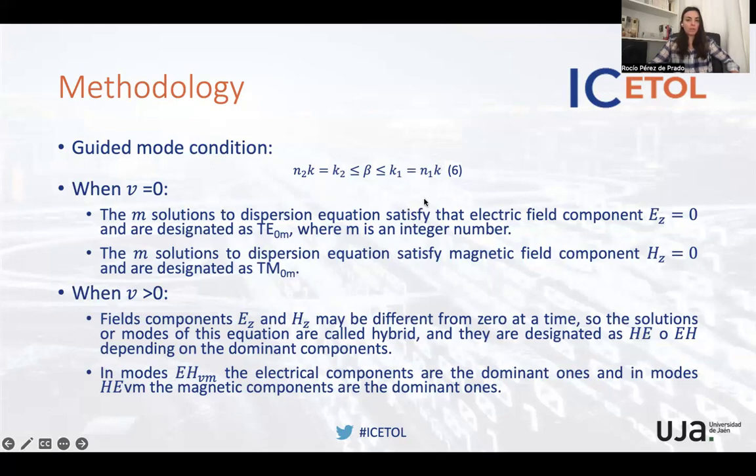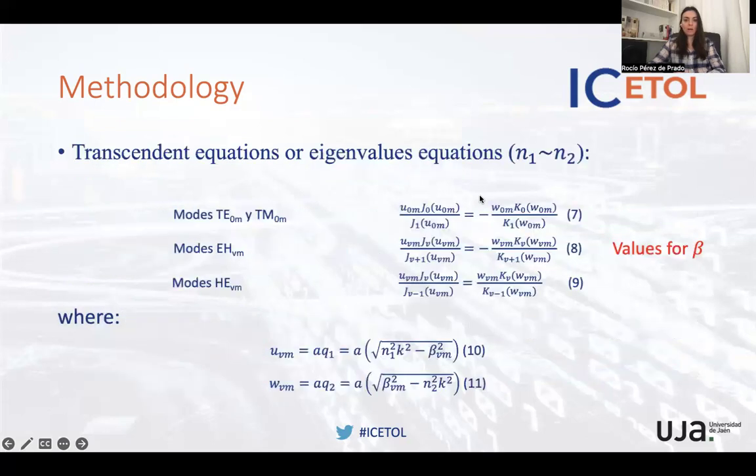Considering these two aspects, we can derive from this dispersion equation a transcendental equation for the different types of mode. So now the problem is divided into three different problems. Also, because we're going to consider weak guidance conditions, this has an even more simplified form. So bear this in mind.